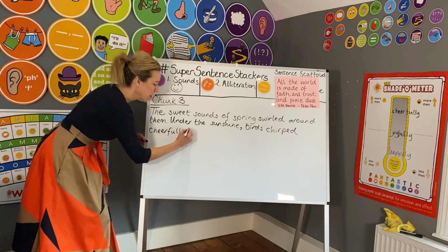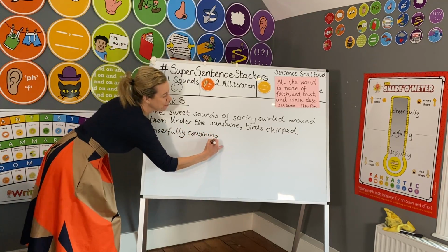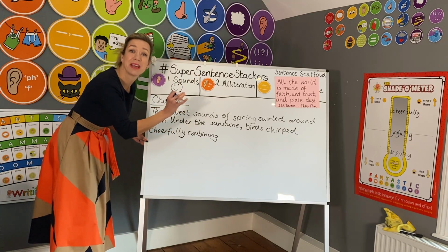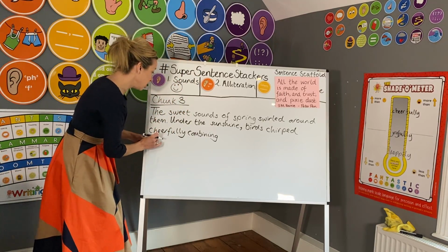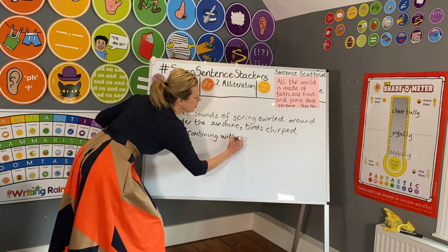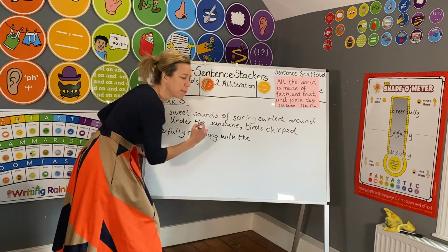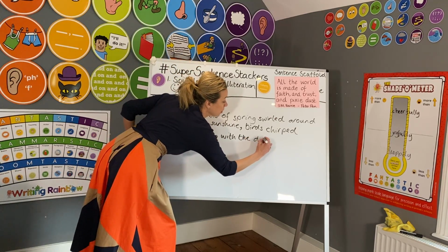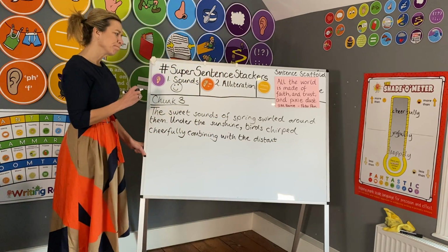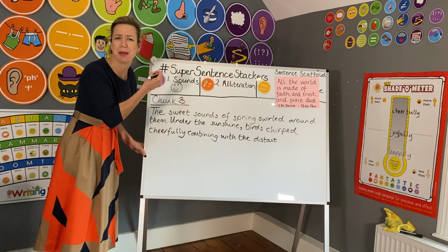And I want to add in another sound. I mentioned earlier the stream in the distance, and cheerfully combining with, and I'm going to think about the sound of that stream. It's not very nearby, so I'm going to tell the reader that. The distant, I need some words to describe the stream.